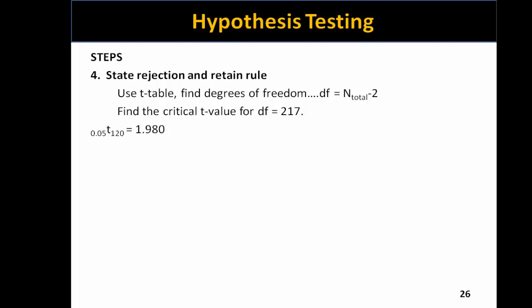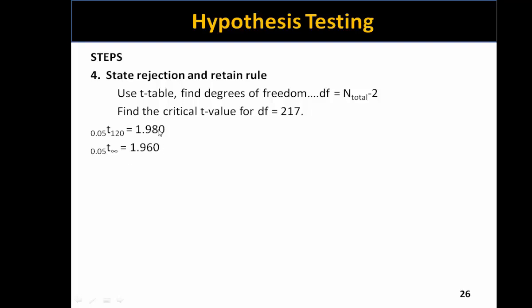However, we don't have the exact critical t-value. So once again here, we have the critical t at a degrees of freedom of 120 to be 1.980. That was obtained from the previous slide. At the infinity level, it's 1.96, but we see that with a degrees of freedom of 217, it's somewhere between 120 and infinity, and we cannot use linear interpolation because we don't have the high end of this range to calculate that value.